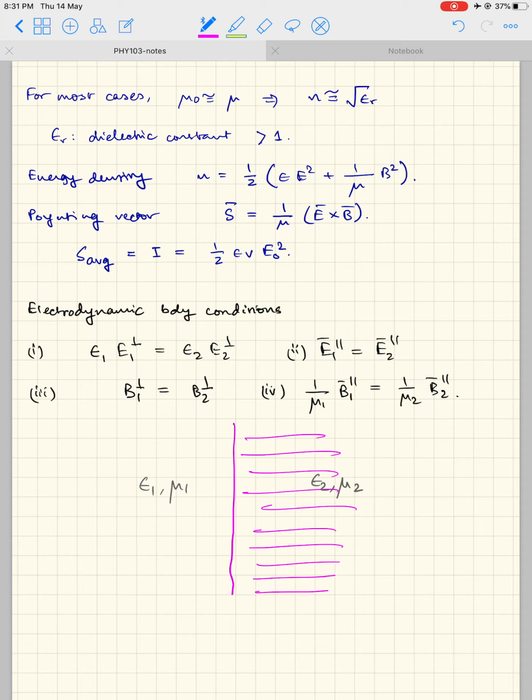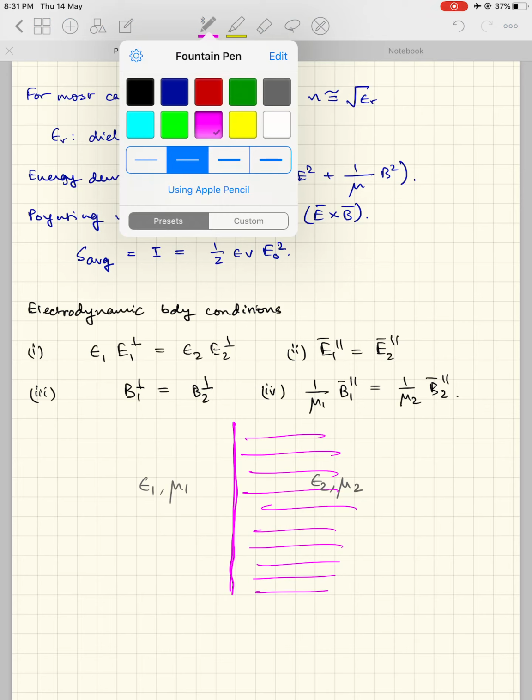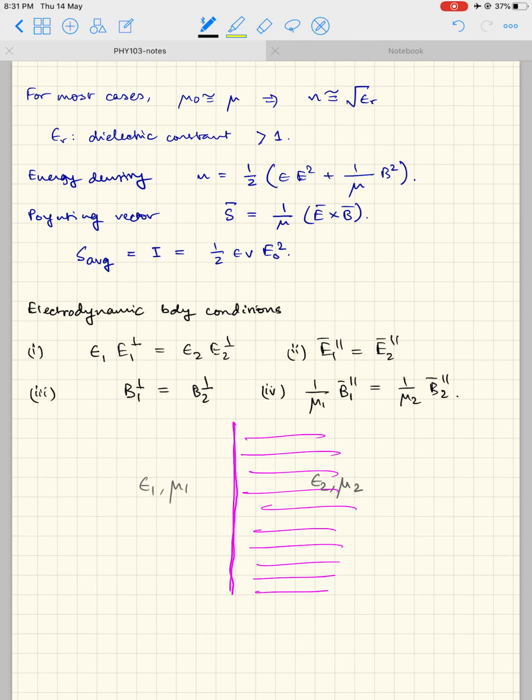So what we want to do is figure out what happens if there's some wave that comes in this direction and hits this. Suppose something comes and hits here, what is going to happen?